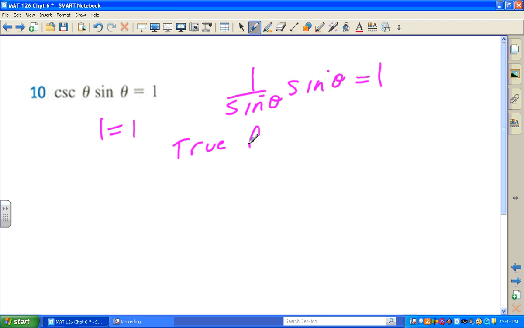True for all theta except pi, 2 pi, 0, negative pi. Remember those? So it's all true except for pi plus n.